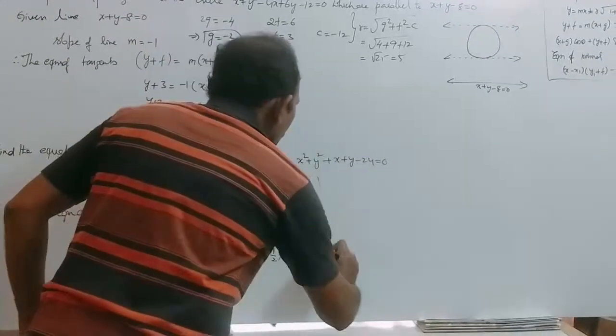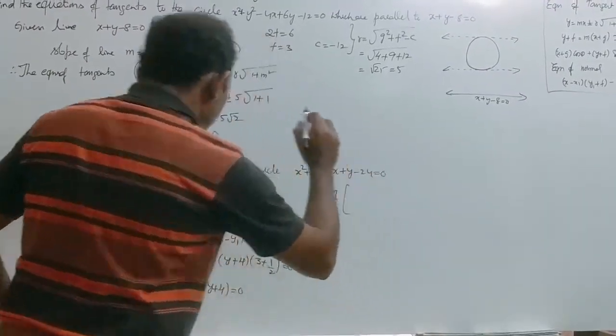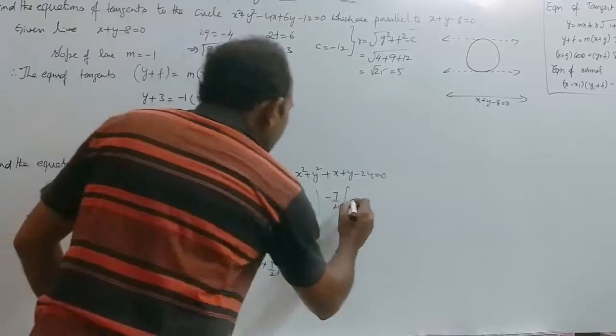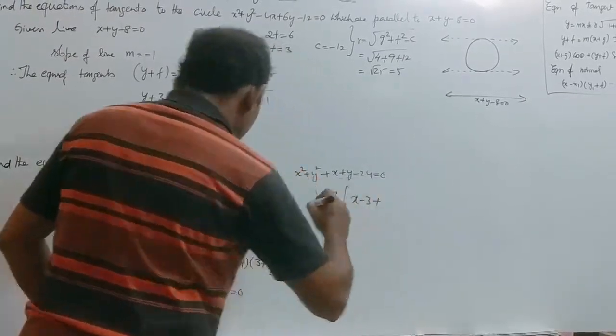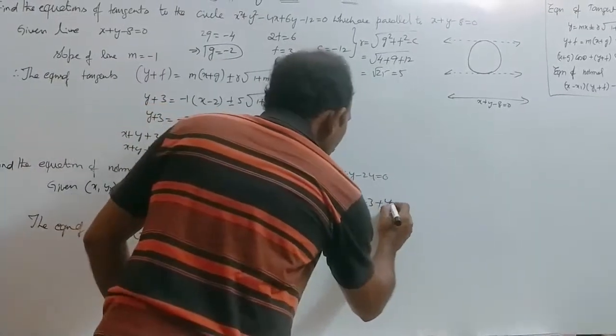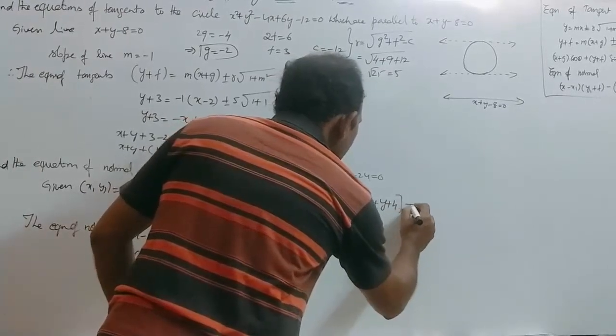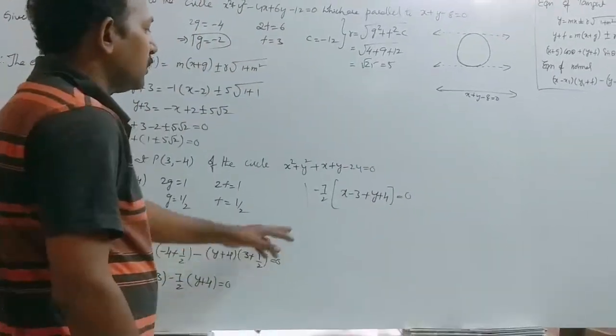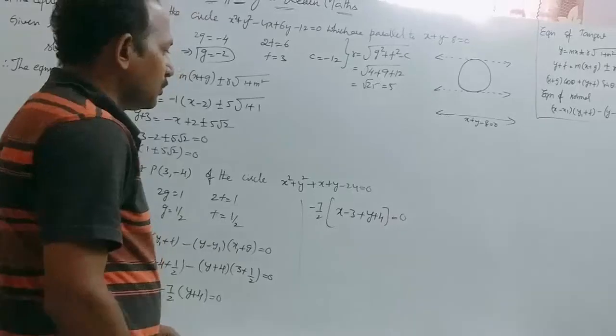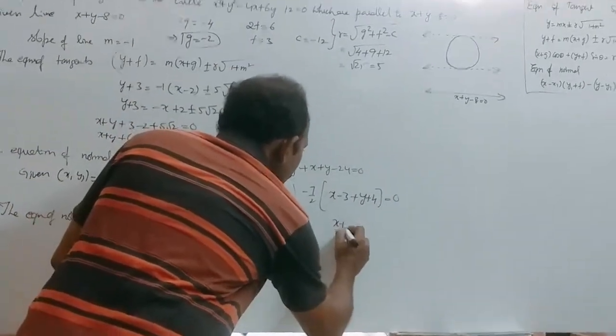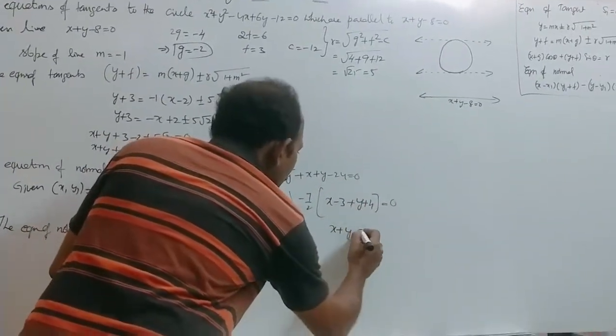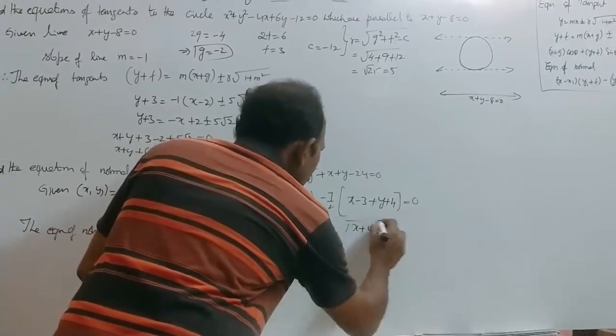Therefore minus 7 by 2 into (x minus 3 plus y plus 4) is equal to 0. Then shifting this to RHS, it becomes 0. Then the required equation is x plus y plus 4 minus 3, that is x plus y plus 1 is equal to 0, which is the equation of normal.